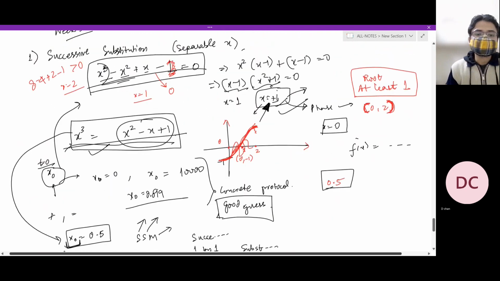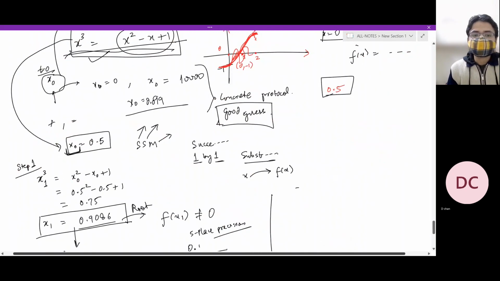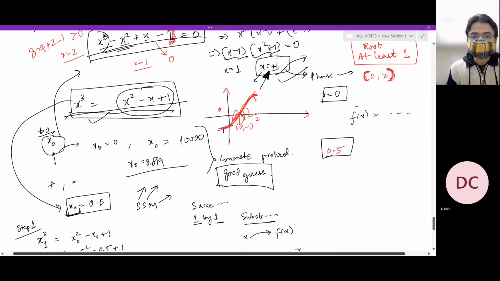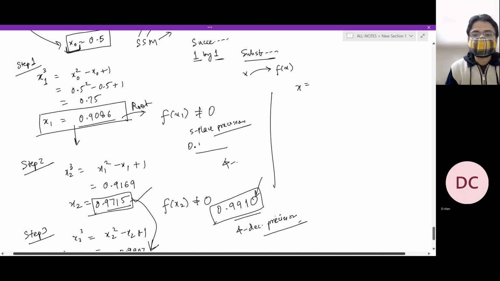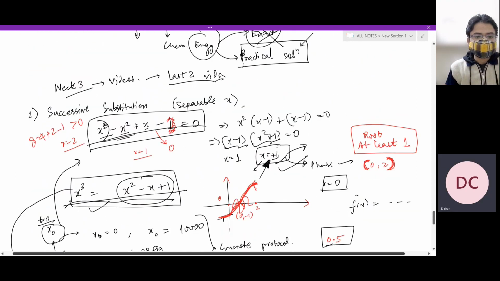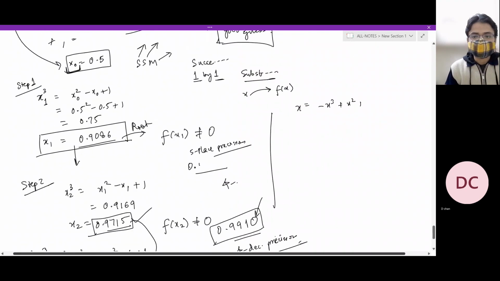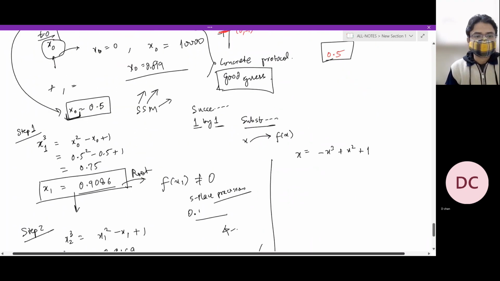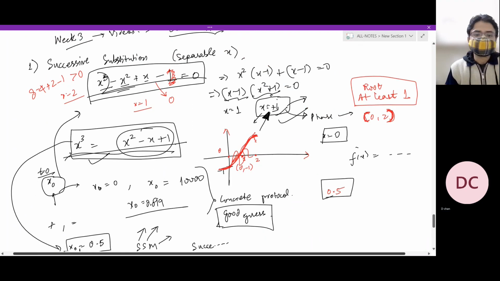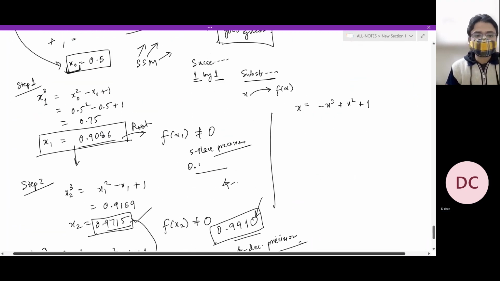For example, you could take x equals minus x cubed plus x squared plus 1. Yes, it's plus 1. So you can also write it like this. There is no problem right here.